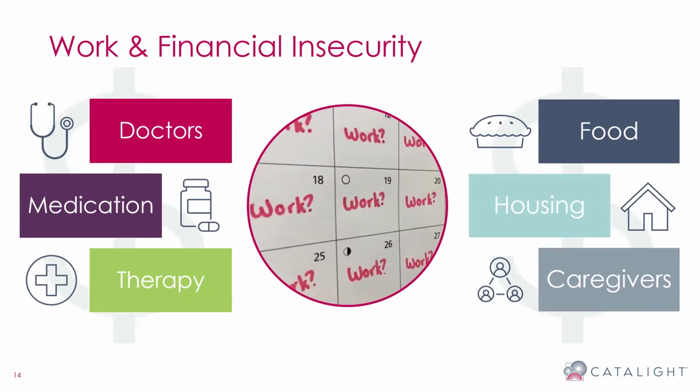Okay, work and financial insecurity. This one is definitely a tough one. There's so much that falls under this because so many different factors all kind of come together into work and financial security. A lot of times what I think about and what I talk to clinicians about is understanding how does the treatment or the course of care that I'm prescribing or working on with a client impact their life?